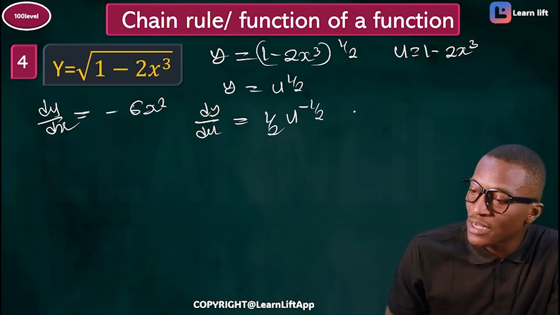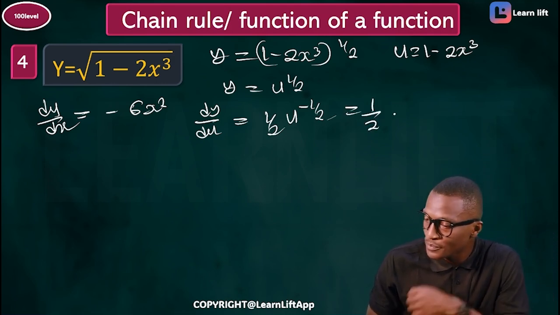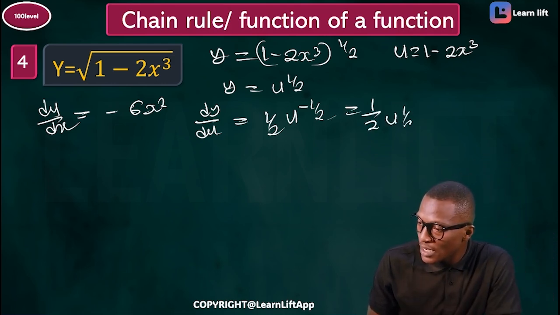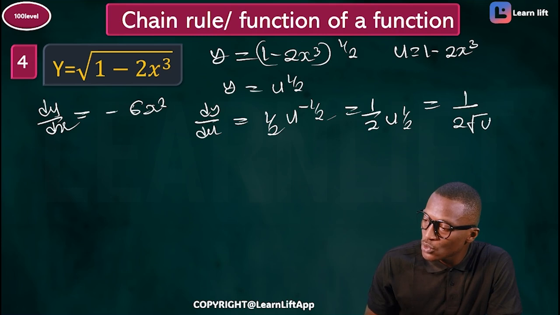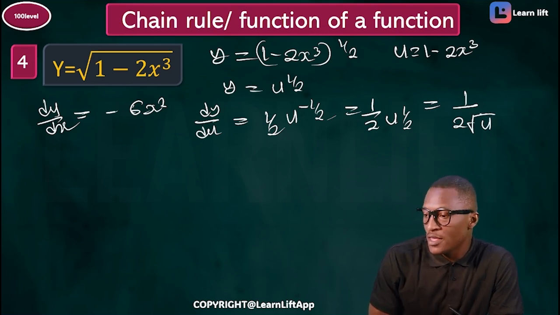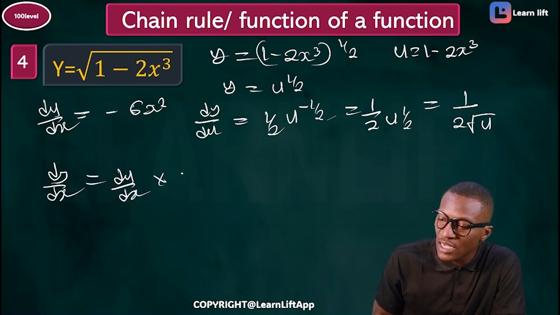Or we can say that this is the same thing as half u raised to power half, which is the same thing as 1 over 2 root u. Is that correct? Yes. So what is now dy over dx? Dy over dx is equal to du over dx times dy over du.